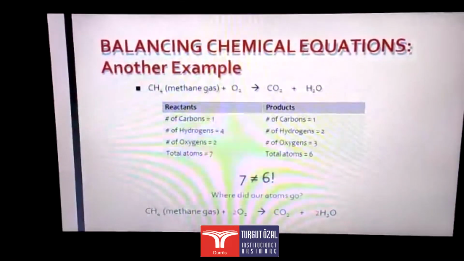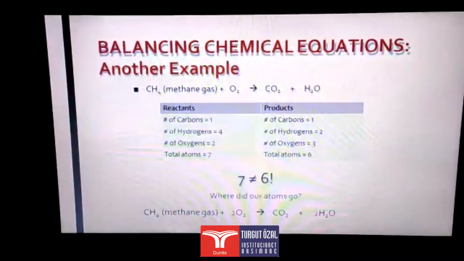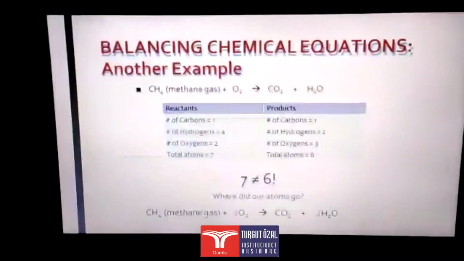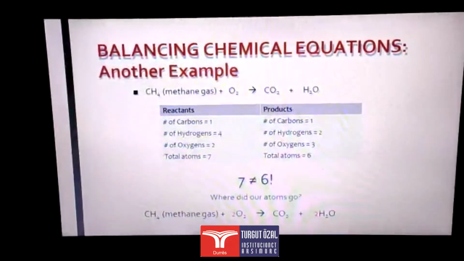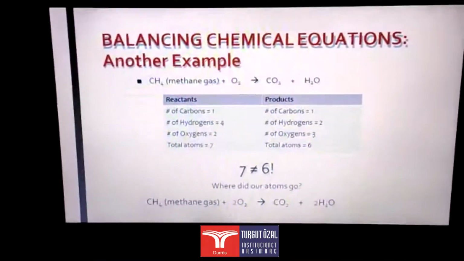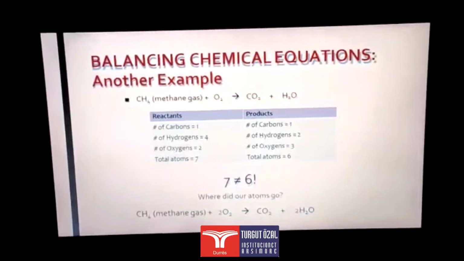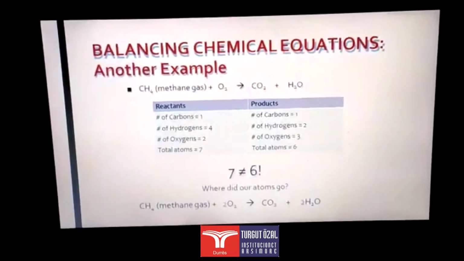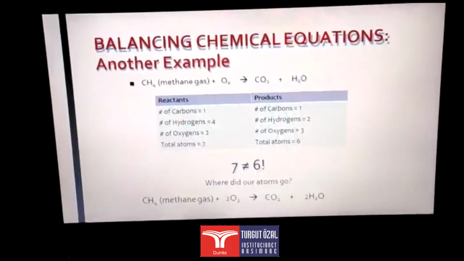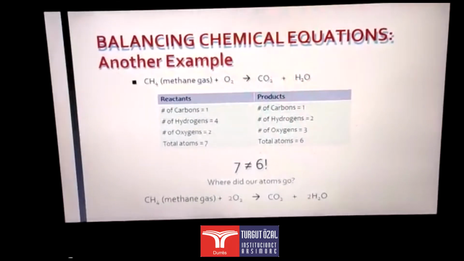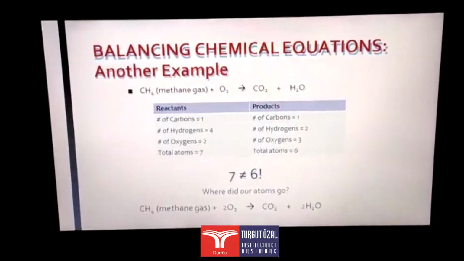Oxygens, on the left side we have 2, on the right side we have 3. The total number of atoms is 7 on one side and 6 on the other. They're not equal. So what do we do? We use the coefficients to balance them. First, we add a coefficient 2 on the oxygen and 1 on the water to make them equal.